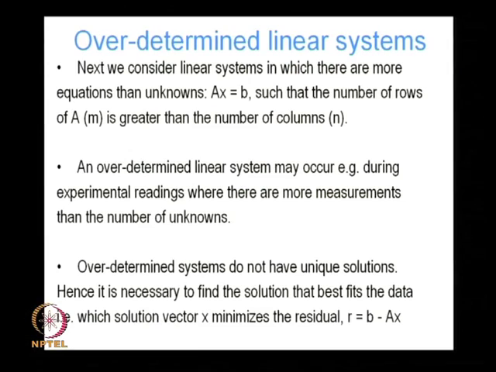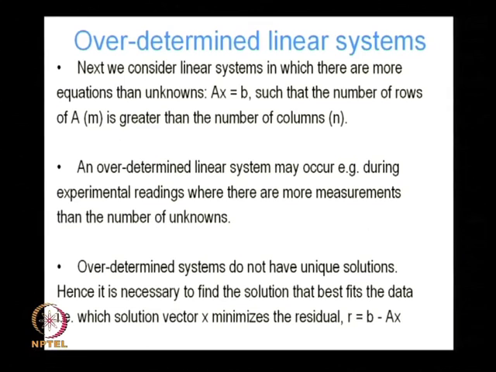We perform a large number of experiments, more experiments than there are unknowns. So, in that case we come up with an overdetermined system, and overdetermined systems do not have unique solutions. You can understand, right? You have more equations than unknowns, so there are no unique solutions, and in that case it becomes necessary to find the best solution.